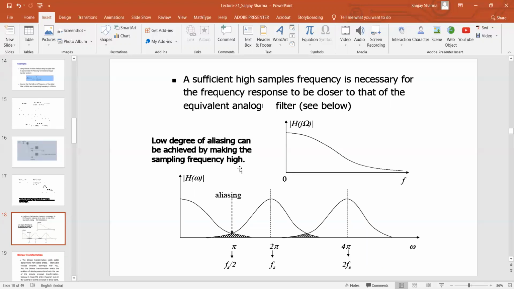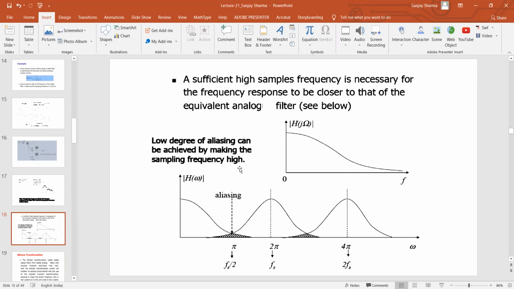Once the sampling frequency is selected high, the aliasing problem will be reduced. But inherently, the impulse invariant method suffers from the problem of aliasing. Now, how to avoid the aliasing problem in the design of IIR filters using the impulse invariant method.